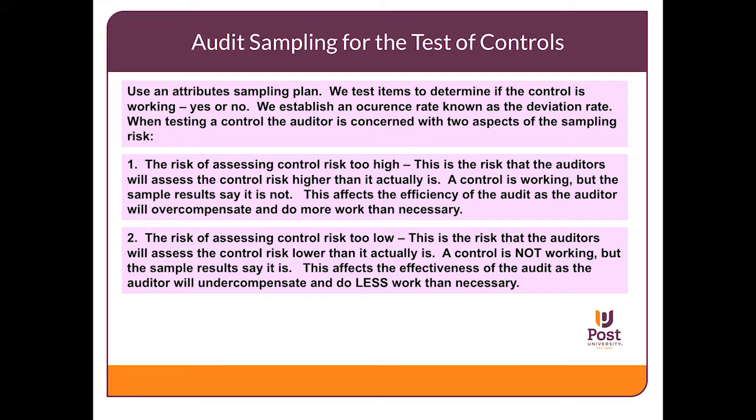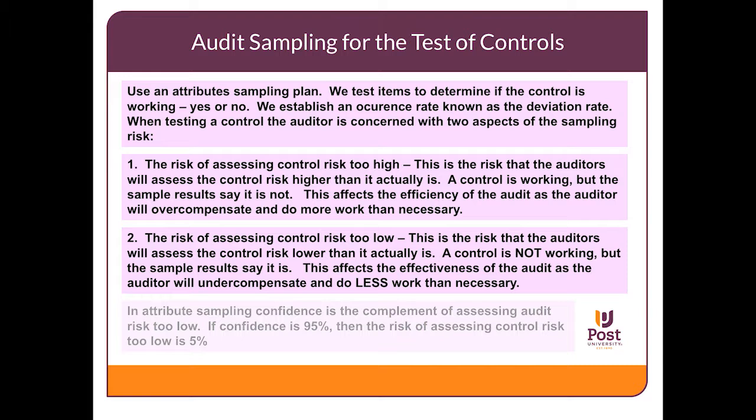This affects the effectiveness of the audit, as the auditor will undercompensate and do less work than necessary. In attribute sampling, confidence is the complement of assessing control risk too low. If confidence is 95%, then the risk of assessing control risk too low is 5%.